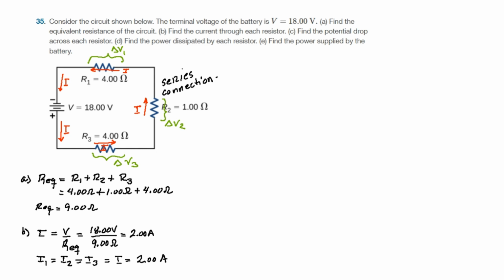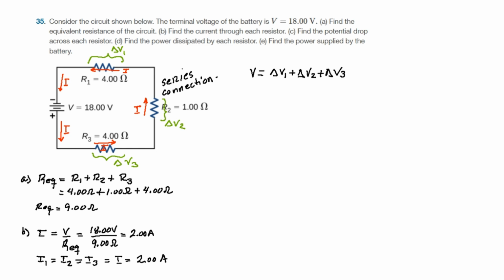And what else are we expecting? And this is important: we're expecting that the voltage of the battery will be equal to the sum of the variations of voltage across the resistors.